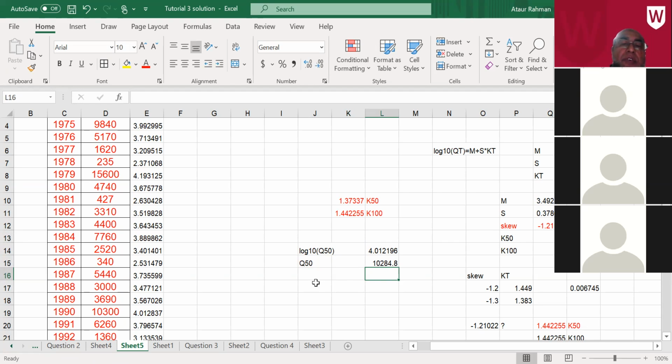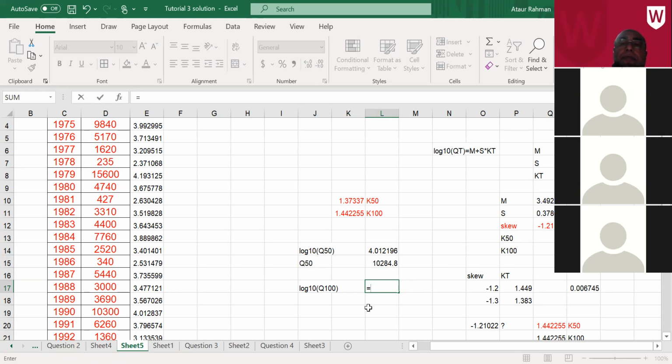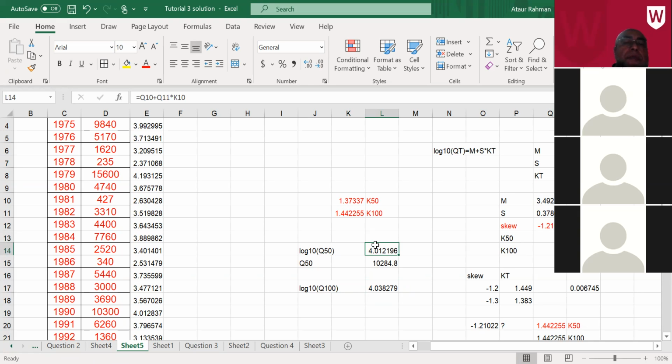And Q100, what is our Q100? We can estimate log 10 Q100 equals, similarly, our mean M plus standard deviation times our K. So in this case, we took the K100, so that's fine.